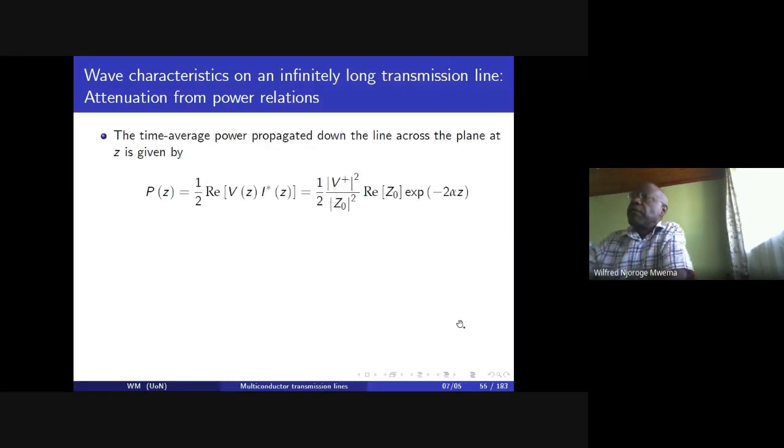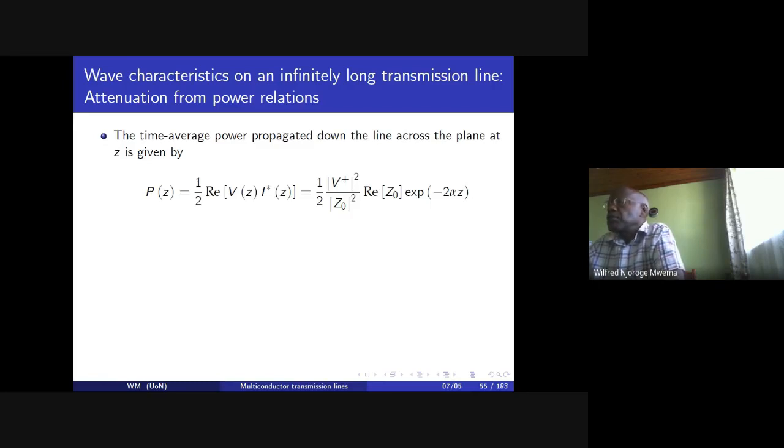When we multiply those out, we can say that the time average power propagated down the line across the plane at z is given by P(z) equal to a half the real part of V(z) multiplied by the complex conjugate of the current I(z).